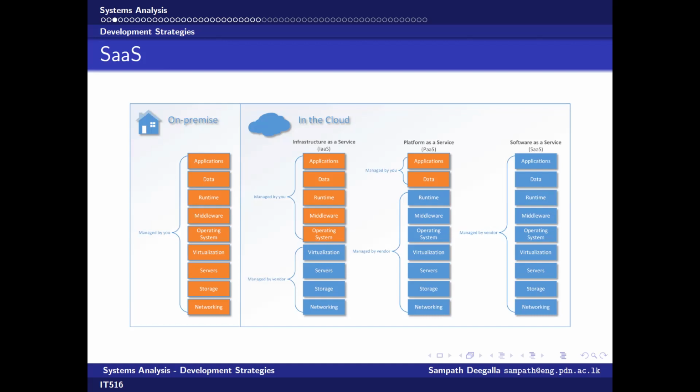One is on premise, which means everything is managed by the organization, starting from the hardware, that means server, storage, virtualization, networking, and so on, and then the operating system, middleware, runtime, and application. Everything is managed by the organization.